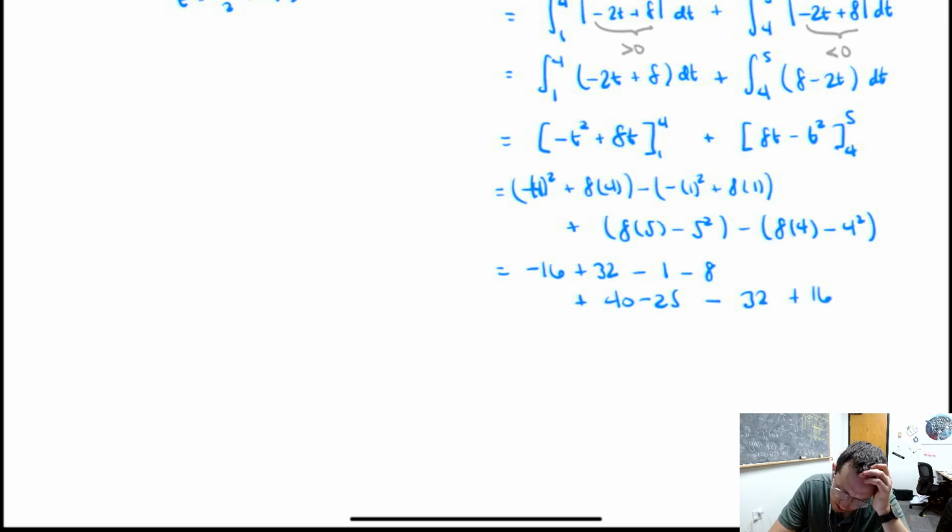A lot of stuff cancels out, which actually I didn't expect it to, so I'm kind of concerned that I might have dropped a minus sign somewhere.